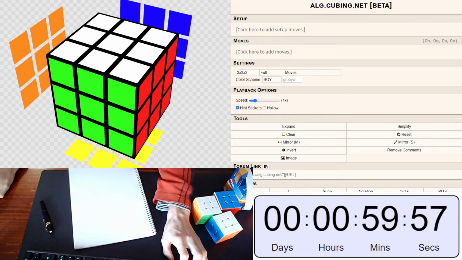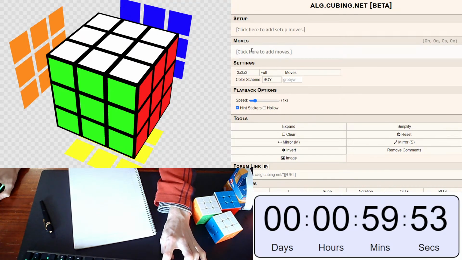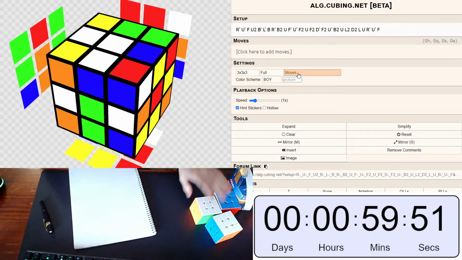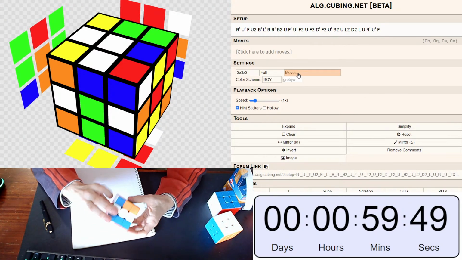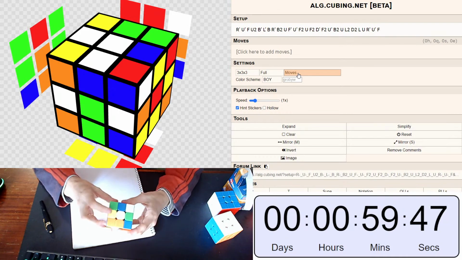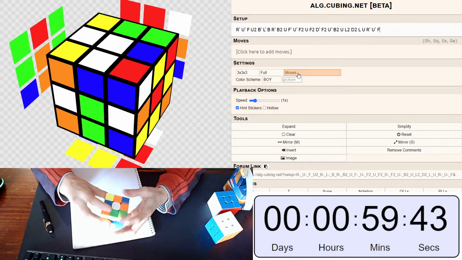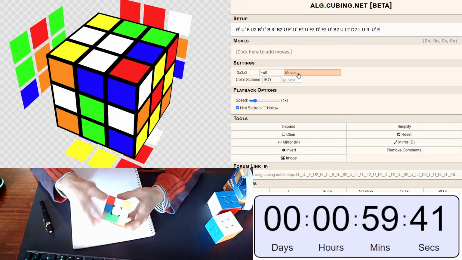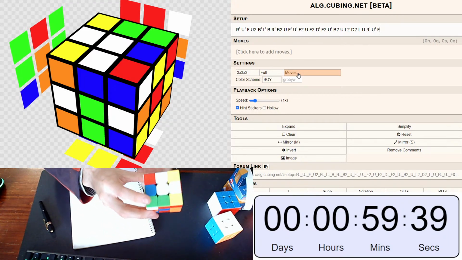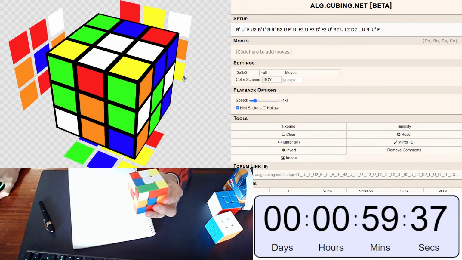Good. Bring the scramble into alg.cubing. Here's my scramble sheet. Okay. Scramble matches the image.